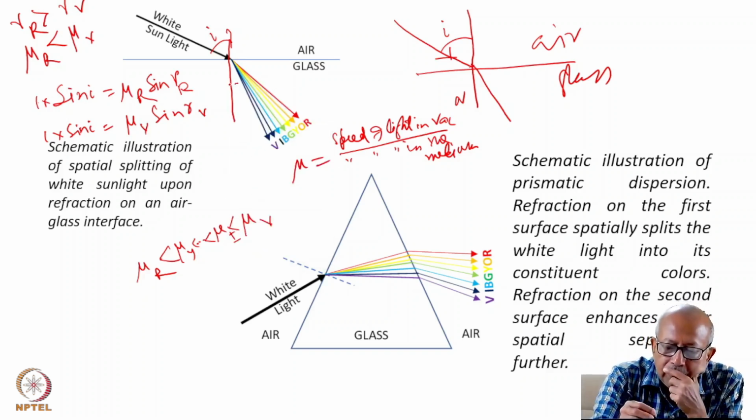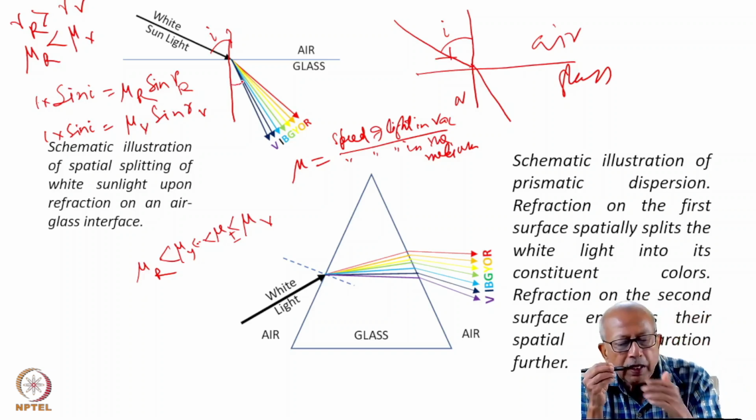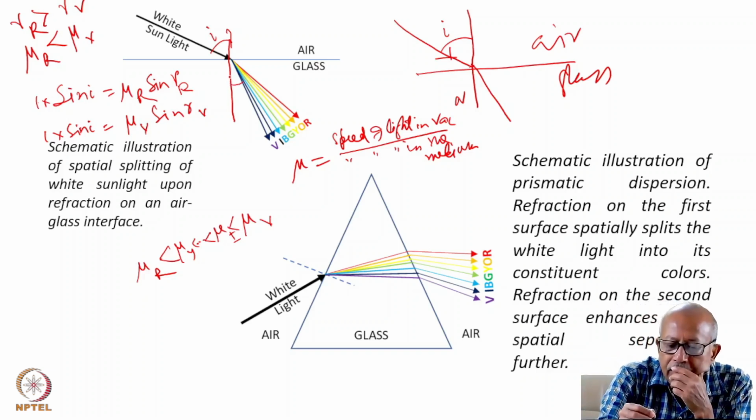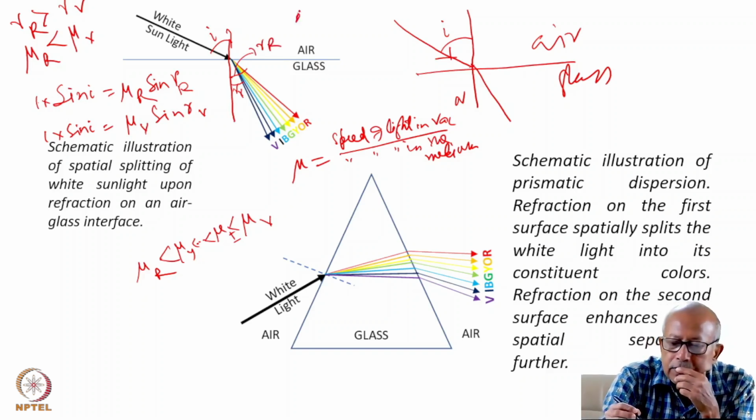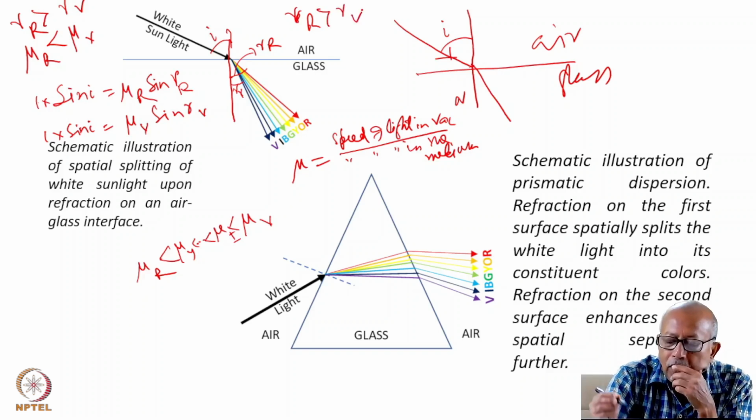So the violet light will have a smaller angle of refraction and red light will have a larger angle. So this is r violet, this is r red. So r red is more than r violet.